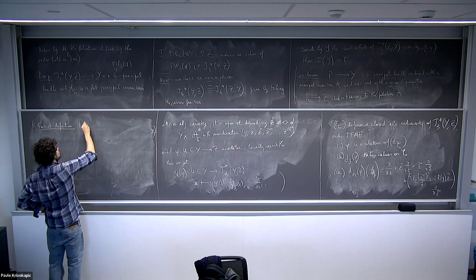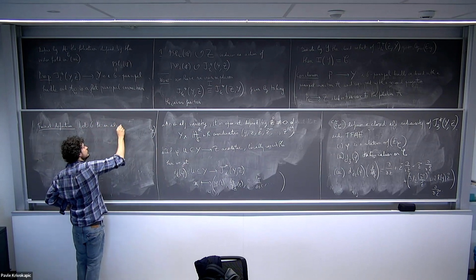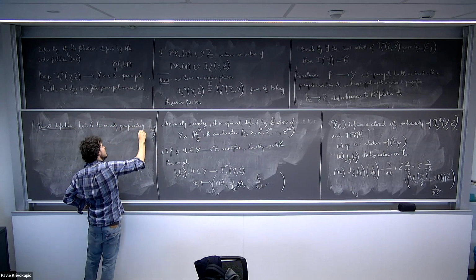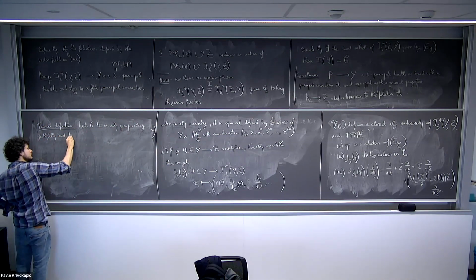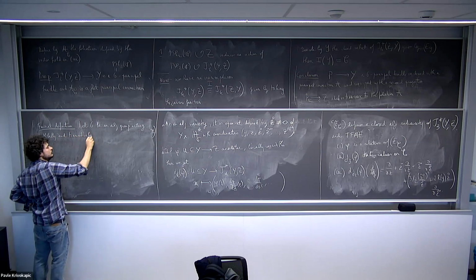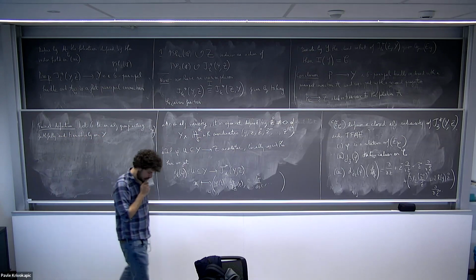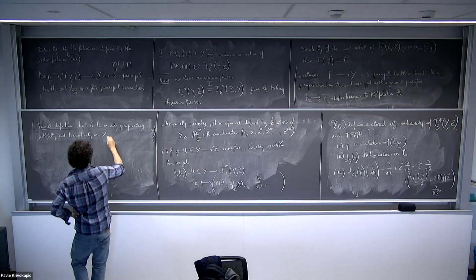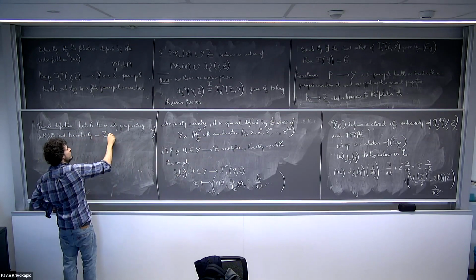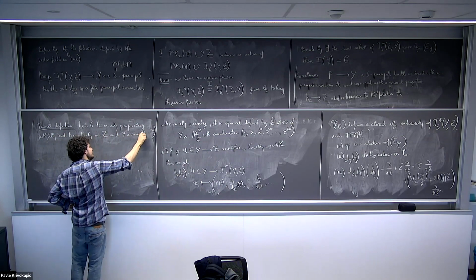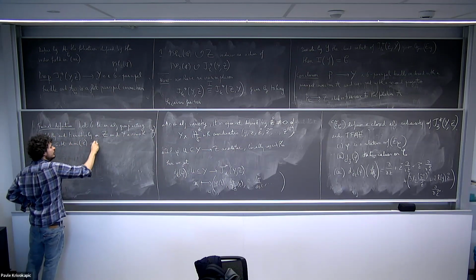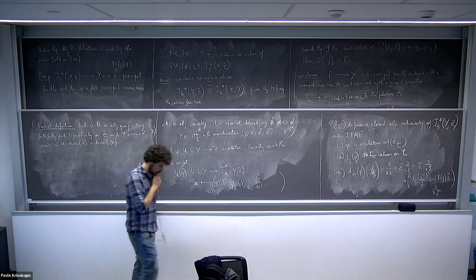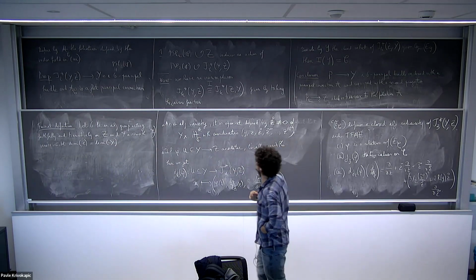Let G be an algebraic group acting faithfully and transitively on Y, and on Z, and Y a smooth variety, with dimension of Z equal to dimension of Y. So here is G, Y, Z.